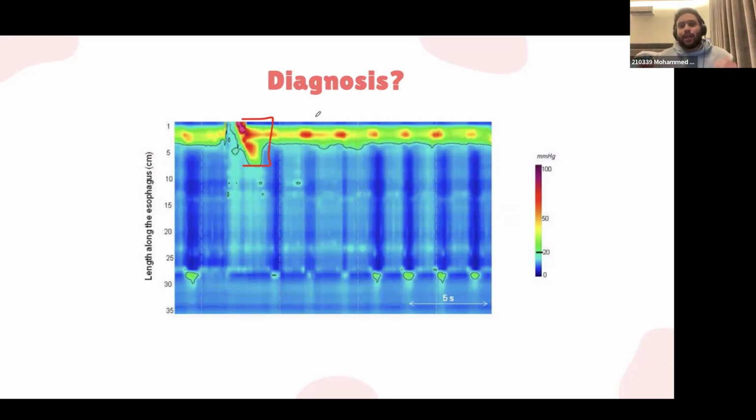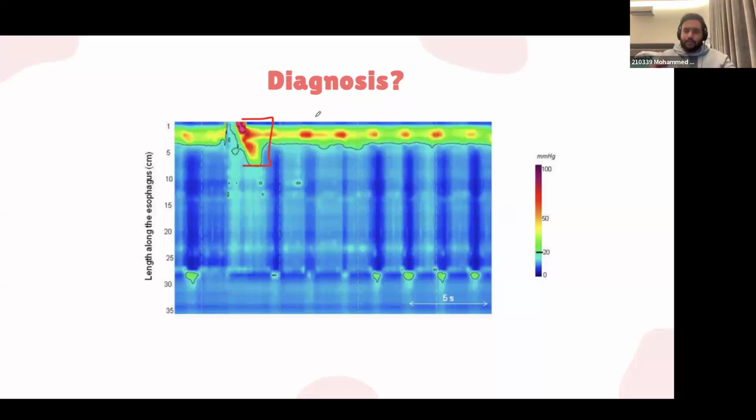If only the striated muscles were affected and the smooth muscles weren't, what do I think of other than scleroderma? If it's only skeletal muscles that are affected: stroke, or again oropharyngeal myopathy, myasthenia. That's it. This is scleroderma.